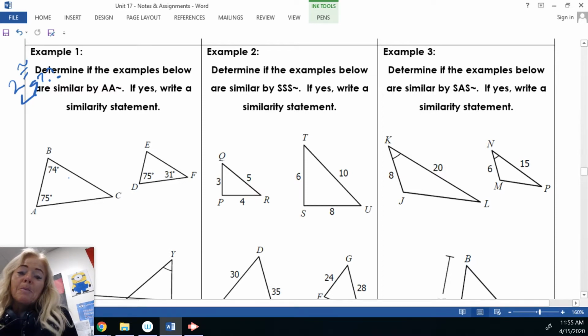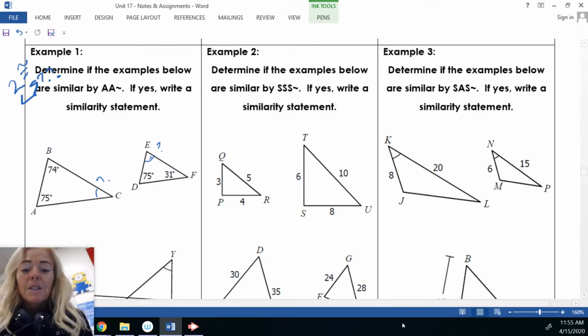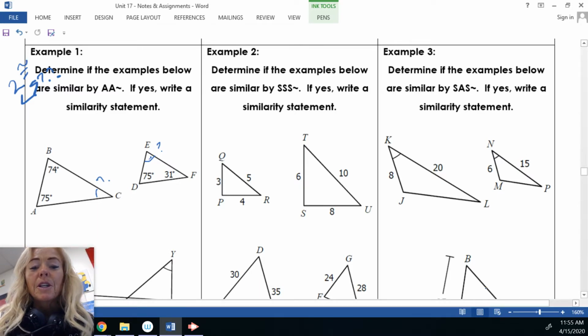However, it's possible that if this one's 75, this one's 75, this one's 74, this one could be 74 over here. We don't know. This one could be 31 over here. We don't know. So what we need to do is find the 3rd angle using our rule that the sum of a triangle's angles is 180 degrees.